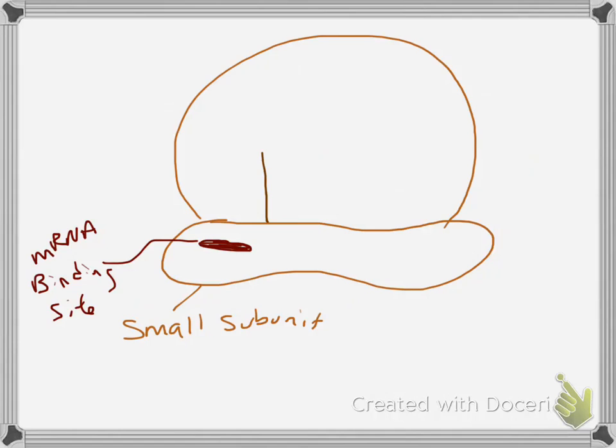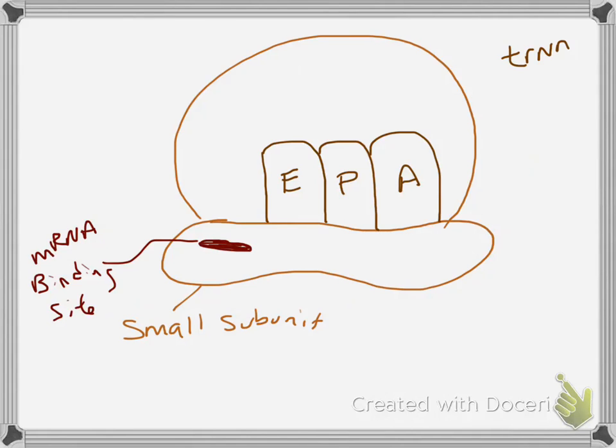I'm just going to draw these sort of like garage doors or something, and they are E, P, and A. A is the acceptor site, and so basically you want to think of your tRNAs plus the amino acid. They are going to come in to our A site. Then in our peptidyl site, there is also a tunnel that allows our peptide to basically move out.